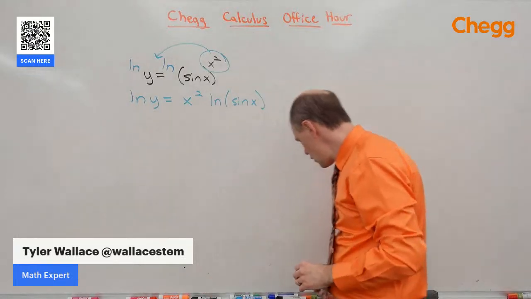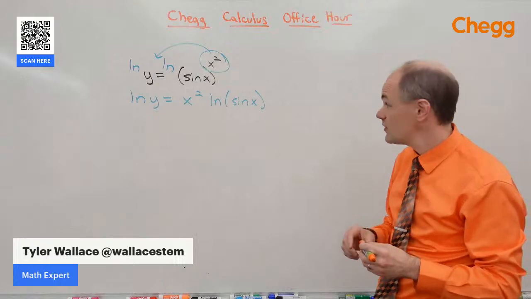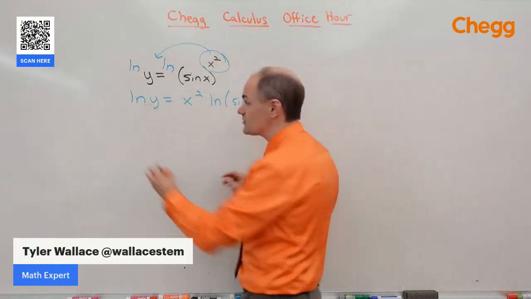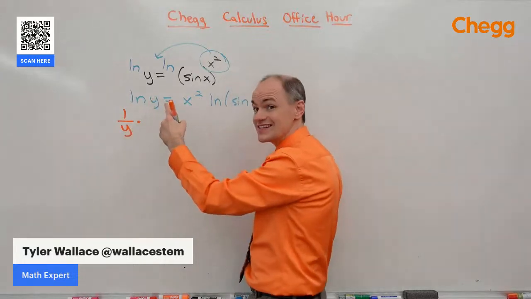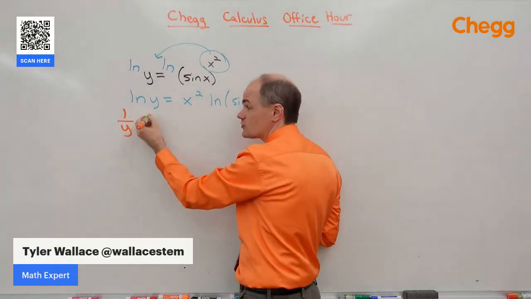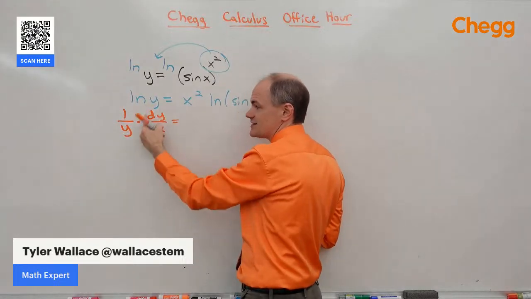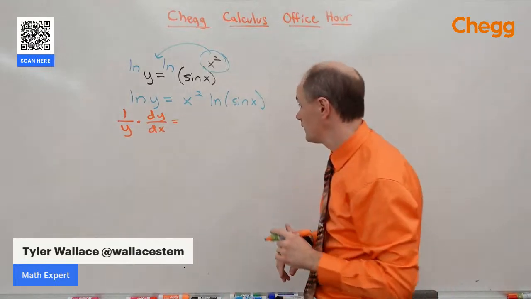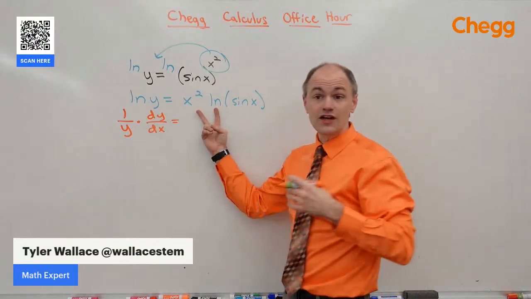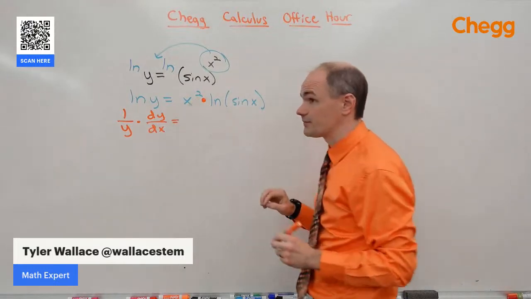Because now we can take the derivative of both sides of this function. The derivative of natural log of y is 1 over y. But because we're doing it implicitly, we have to multiply by the derivative of y with respect to x. The dy dx, that's what we actually want, and we're actually solving for it. On the other side, you're going to end up with a product. We have a product rule.